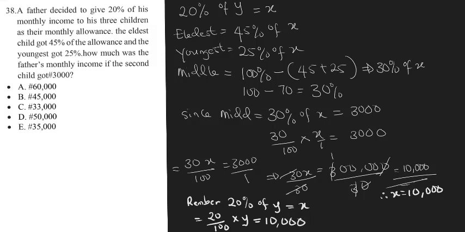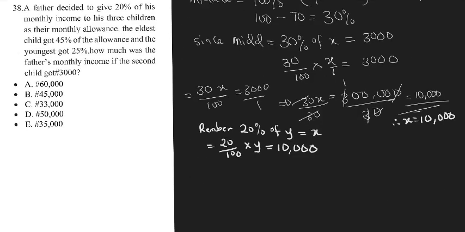If you do the calculation, balance it with 1. It's going to be 20 times Y is 20Y over 100 times 1 is 100, equal to 10,000. So balance this one with 1 also.